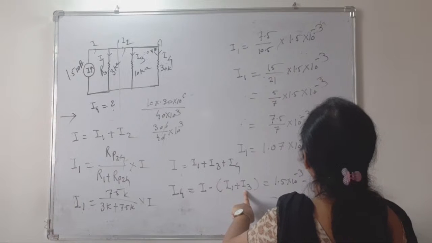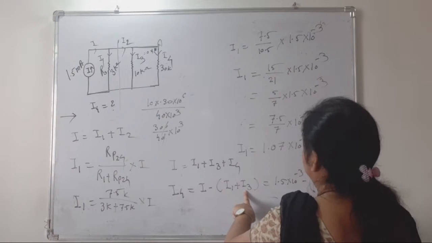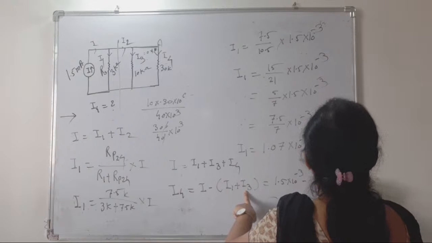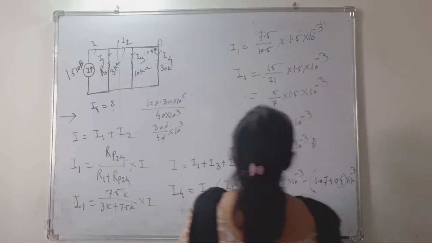I1 is what? 1.07 plus I3 is 0.4 into 10 raised to minus 3.